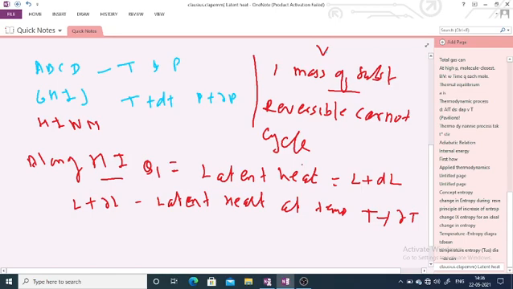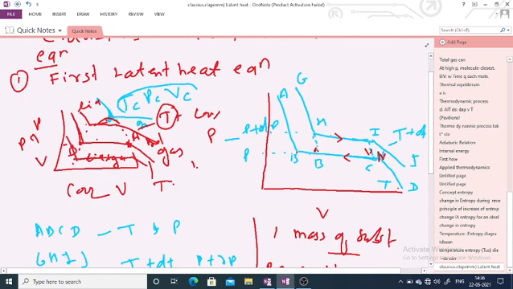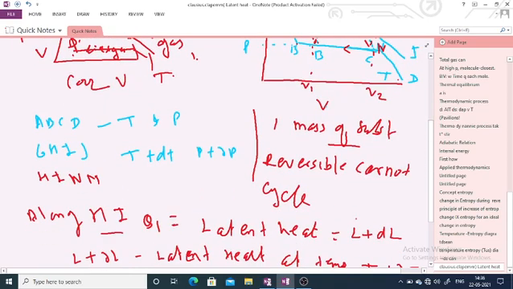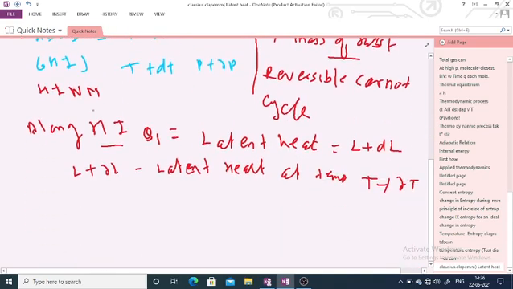Now pressure is constant. During this process, your volume will expand, because there is an expansion taking place. So your volume will increase from V1 to V2.